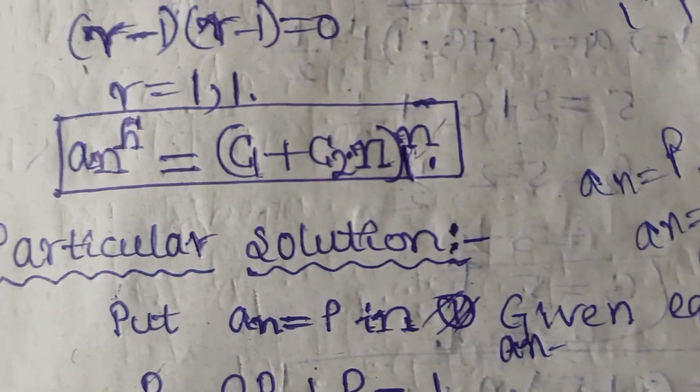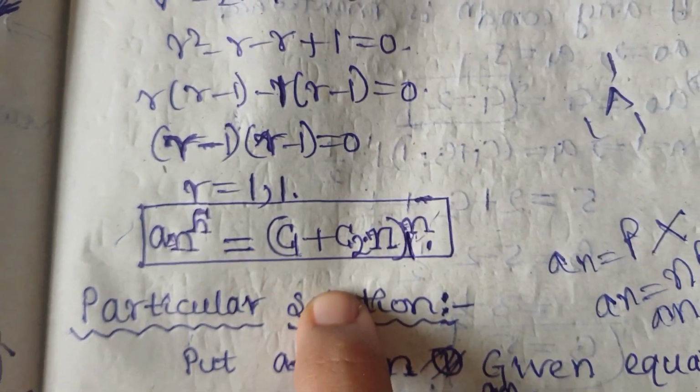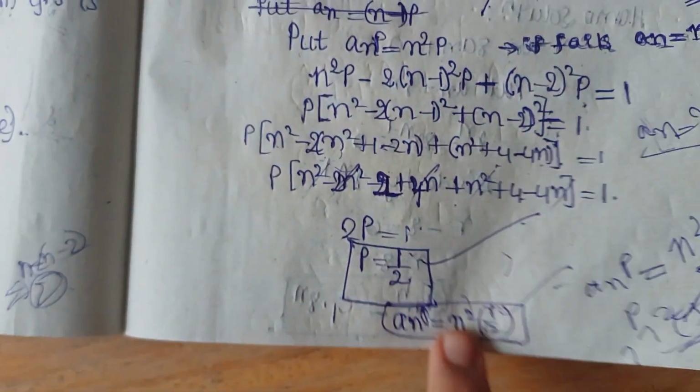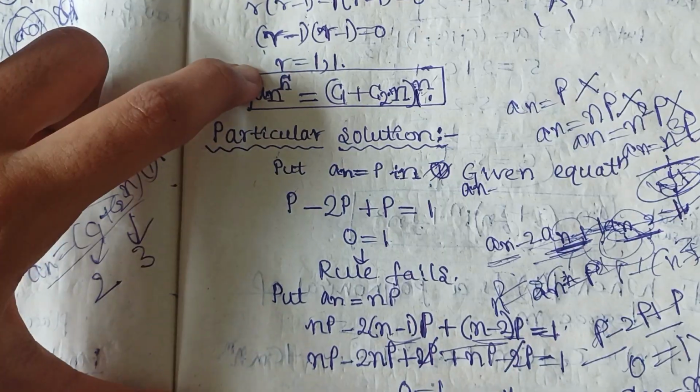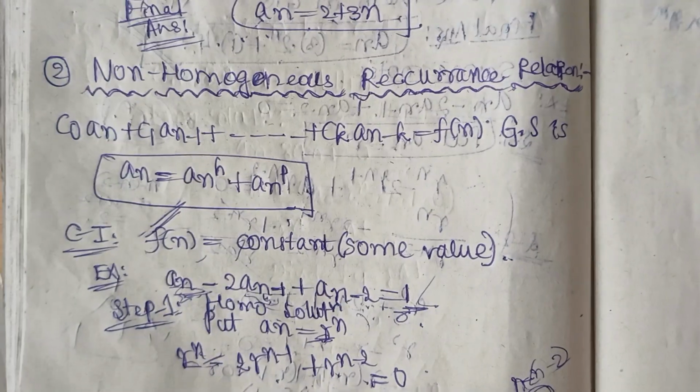This an power h which we have found is your homogeneous general solution for the homogeneous recurrence relation, and this is the particular solution, an power p. The sum of the general solution of the homogeneous and this particular solution is nothing but your non-homogeneous recurrence solution, that is an equal to an power h plus an power p.